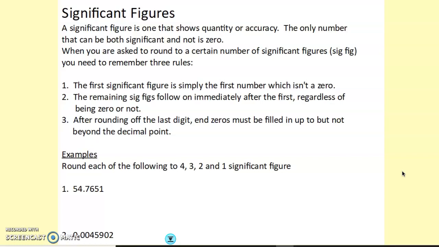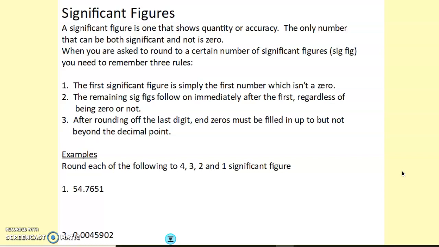Second rule is that the remaining significant figures are going to follow on immediately after that one, regardless of whether they are 0 or not. Okay, and the third rule, after rounding off the last digit, zeros must be filled in up to but not beyond the decimal point. Now this will make a lot more sense if we have a look at some examples.